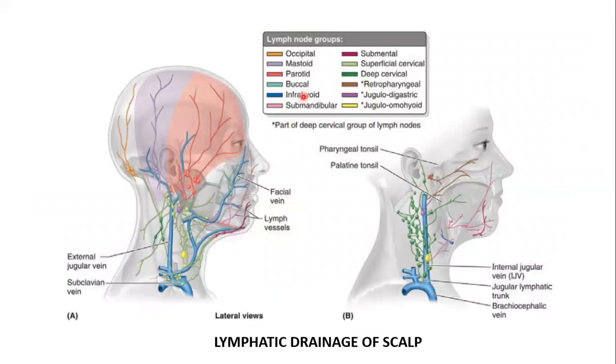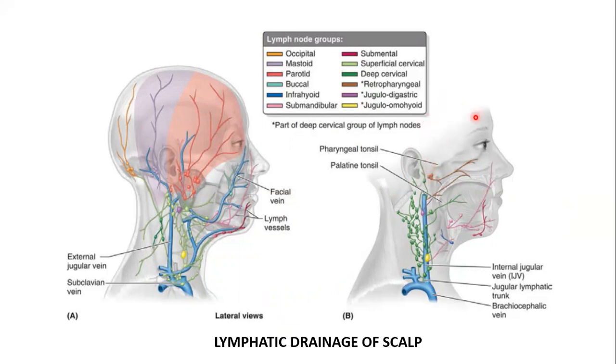So then there is the lymphatic drainage. We'll keep it simple. There is no lymph node present in the scalp. The area of the scalp anterior to the auricle drains into the parotid area, to the pre-auricular lymph nodes.